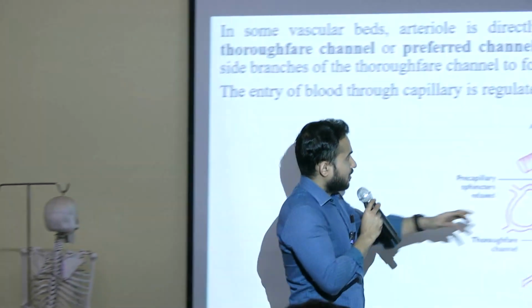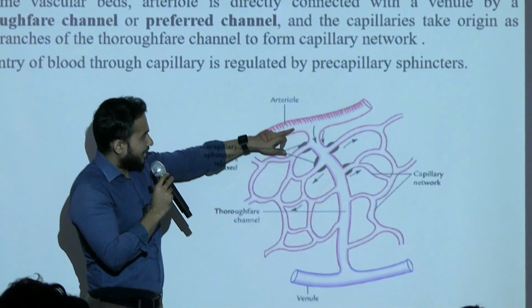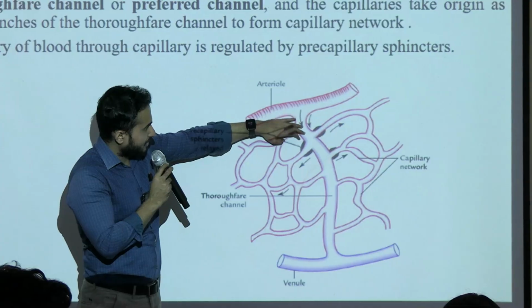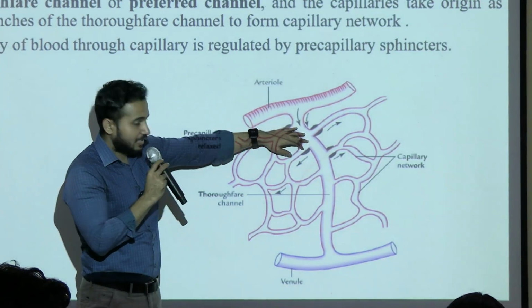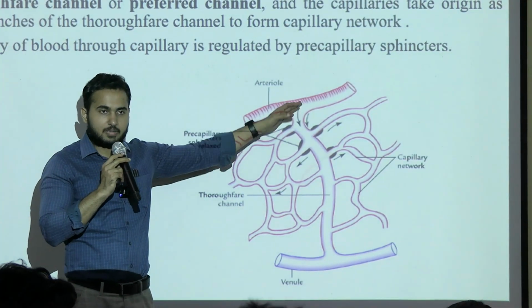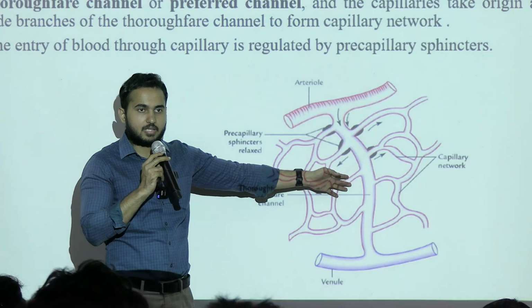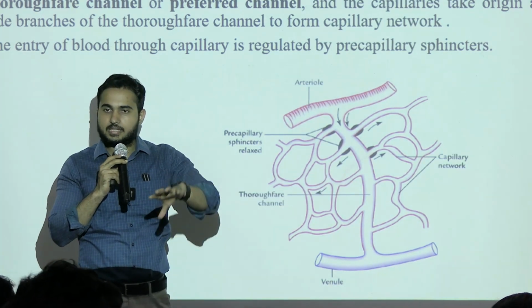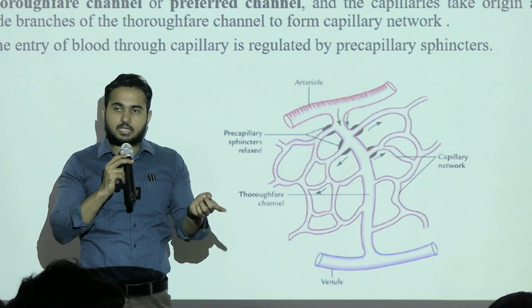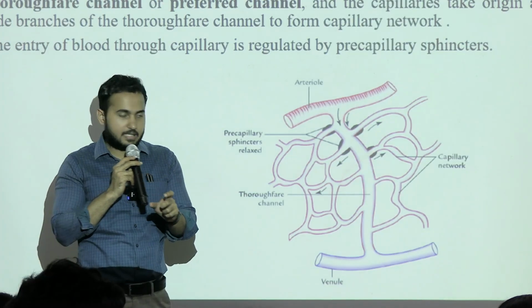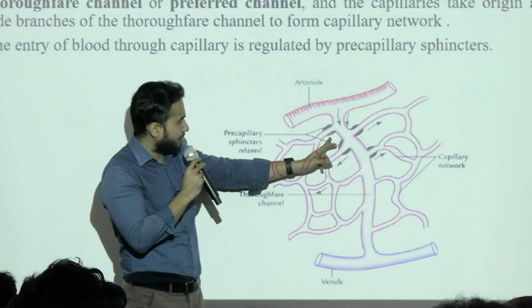Sometimes, to regulate the blood pressure, whenever blood is flowing through the arteriole and enters the capillary bed, what will happen? When the blood enters the capillary bed, the surrounding tissues get the nutrition. Now, when the blood pressure has to be maintained, what happens? There are pre-capillary sphincters.